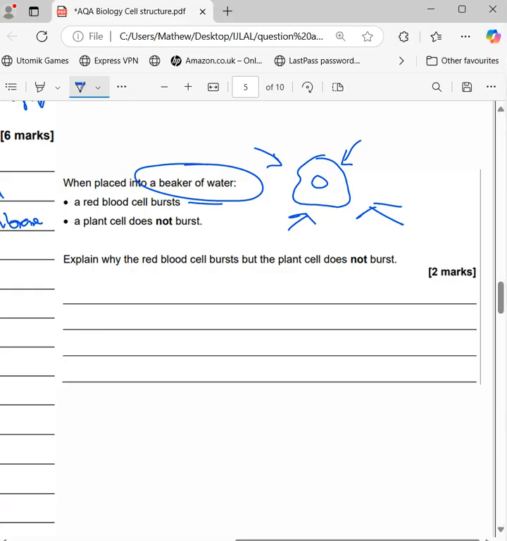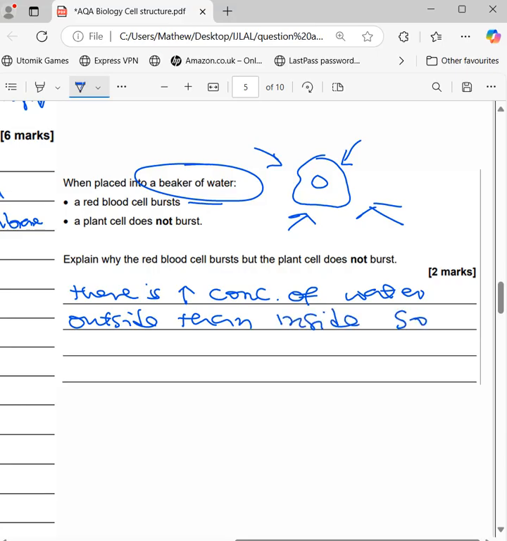I wouldn't say it's a tricky question, but it's simple. Sometimes you might want to explain in detail, since it's 2 marks. So you can say there is higher concentration of water outside than inside.